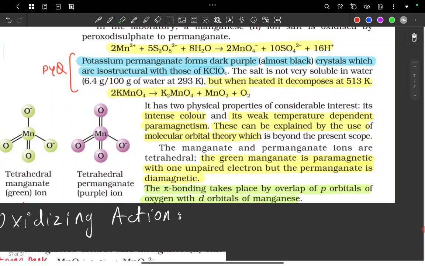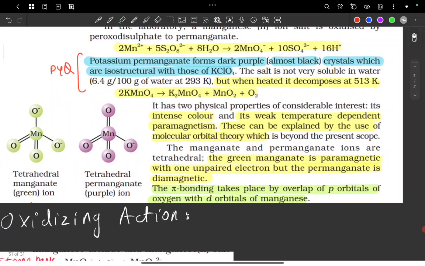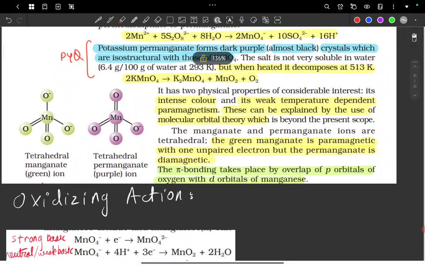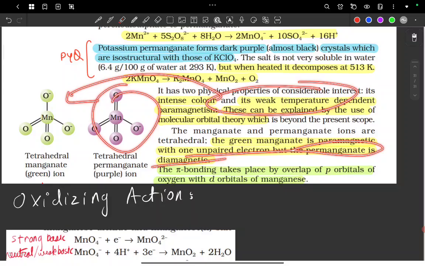So don't concern yourself with the reason. Just remember that the permanganate ion has weak temperature dependent paramagnetism. Okay, and the green manganate ion is paramagnetic, while the permanganate is diamagnetic. Like what we studied here was for the manganate ion.